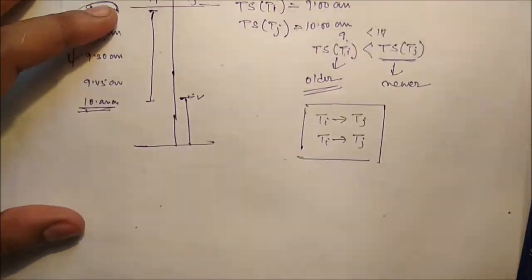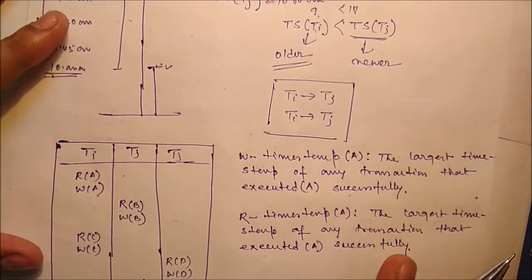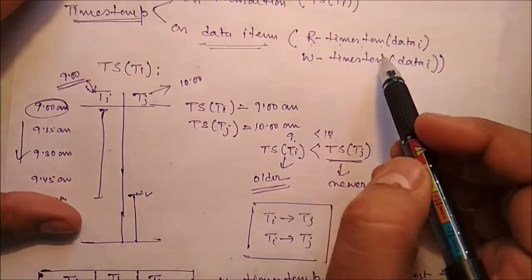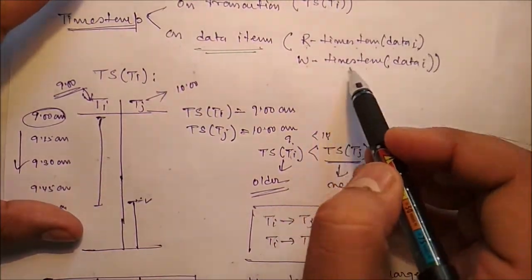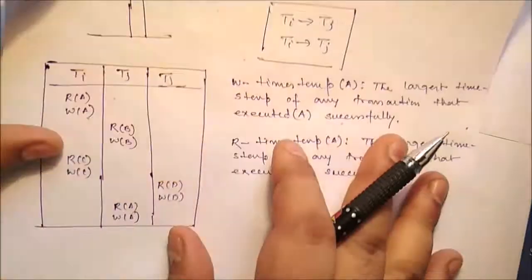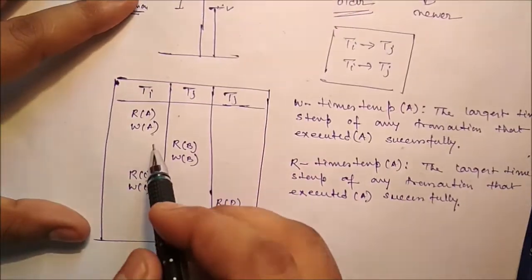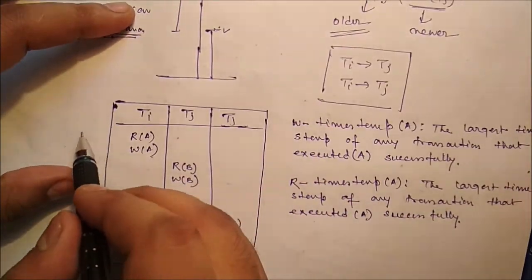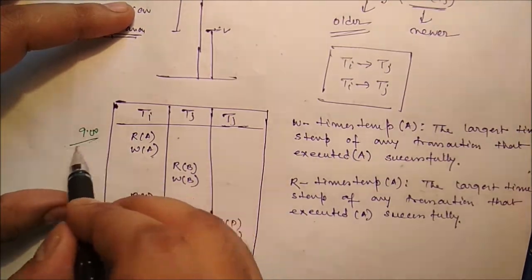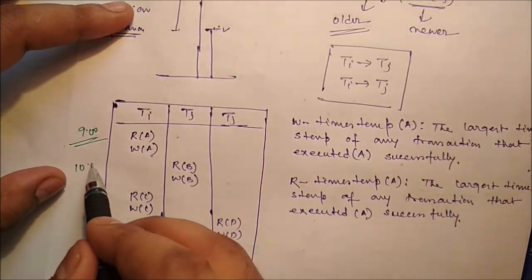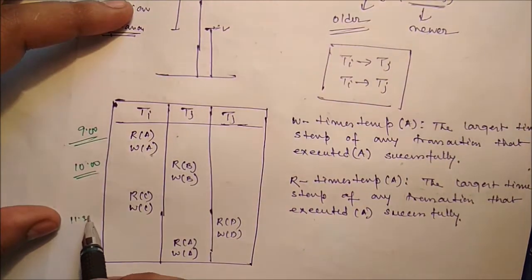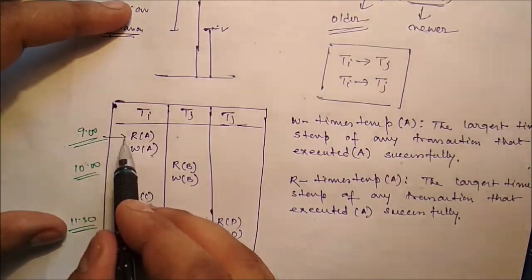Now we will talk about the timestamp on a data item. There are two types, R-timestamp and W-timestamp. Now you can see this example. Say this is 9 a.m., this is 10 a.m., and this is 11:30 a.m., the starting points of all.